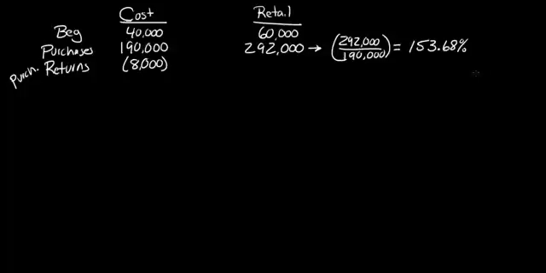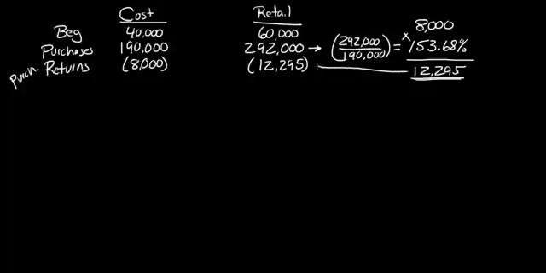So we take this purchase return, multiply it by the 153.68%, and we get a number somewhere in the range of $12,295. That is what we're going to use on the retail side for the purchase return. I think it's pretty safe to assume in any one period that the purchase returns are at the purchase price or the markup that we had on the purchases.